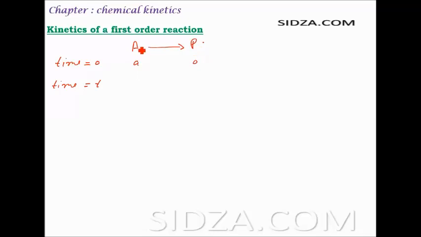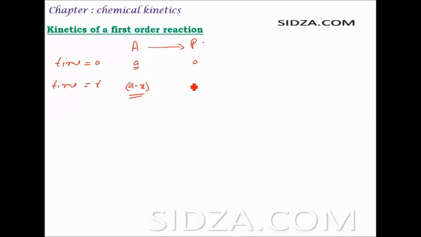Now the number of moles left after time t will be a minus x, because x is the number of moles that have been converted into the product. So this is the concentration after time t, and this is the initial concentration.